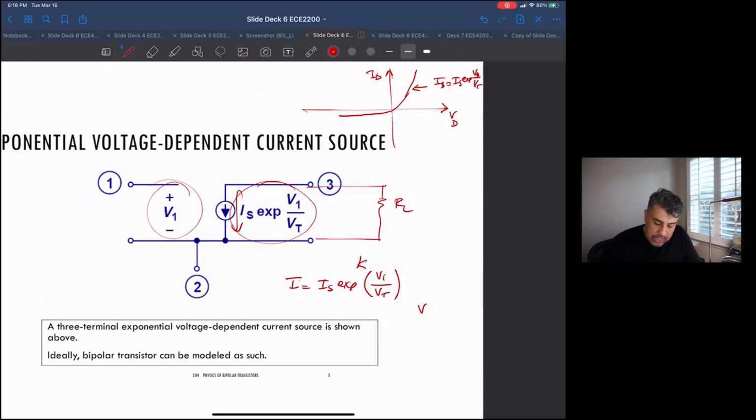So it's not a constant, but it's the same exponential function we get in a diode. This relationship between the current coming out into this terminal 3, or getting pulled from this terminal 3, or getting sunk into the transistor, you have to remember that the current's going in. And the function as a function of V1 is this exponential function.